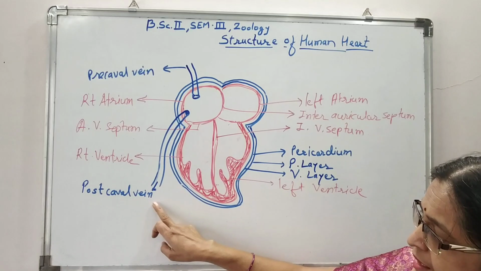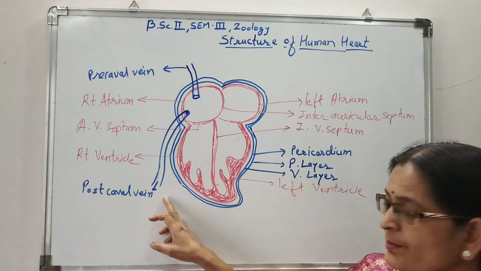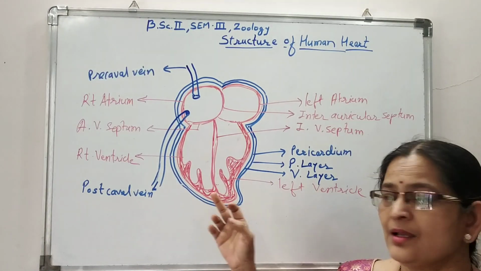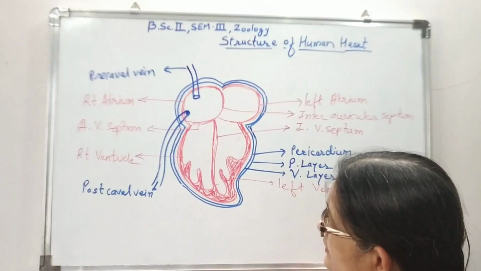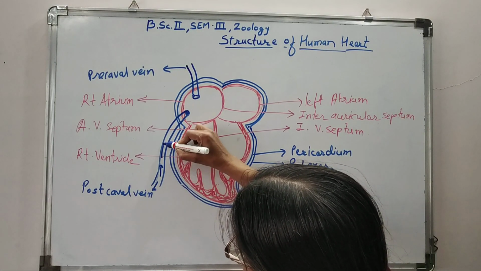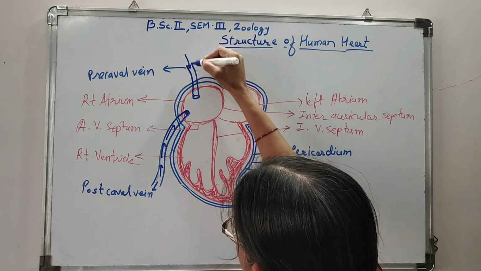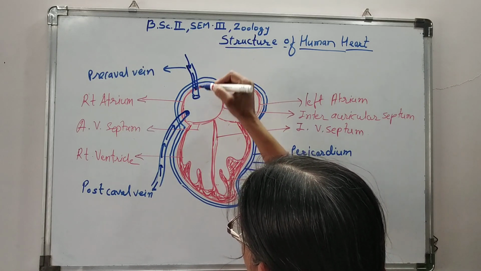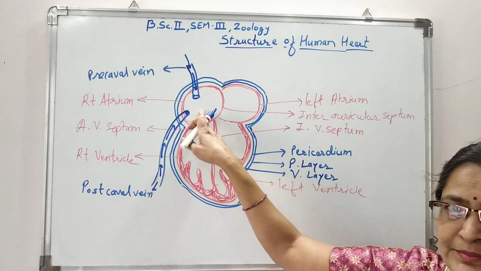And the postcaval vein collects the deoxygenated blood from the lower part of the body, that is the abdomen, hands and legs. Thus this deoxygenated blood is carried with the help of the caval veins, and this deoxygenated blood is received by the right atrium.